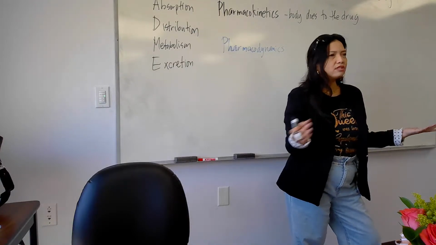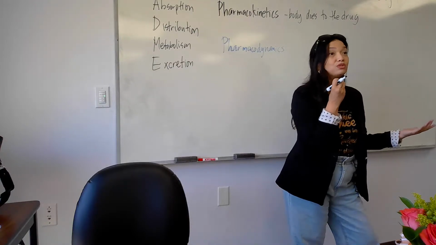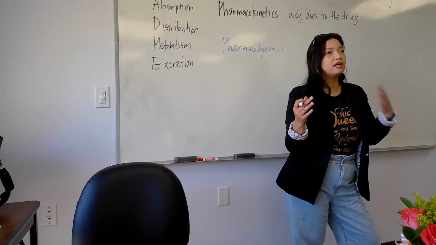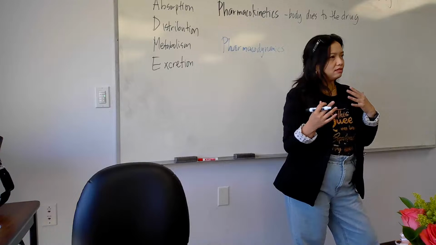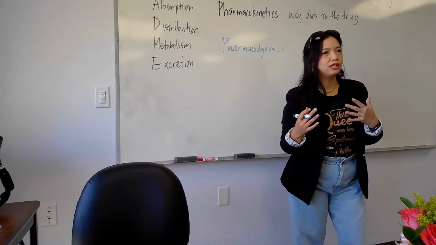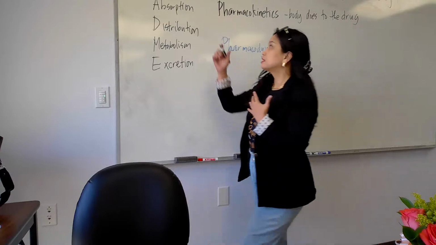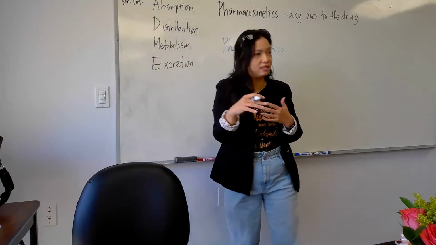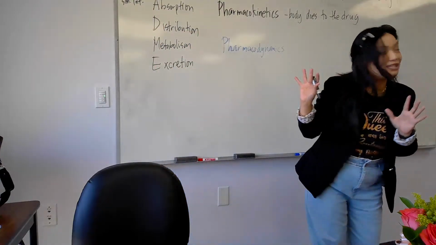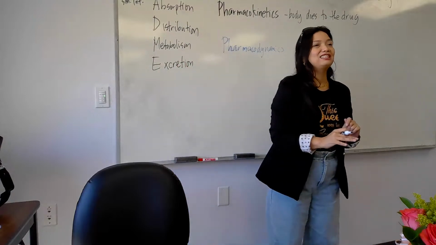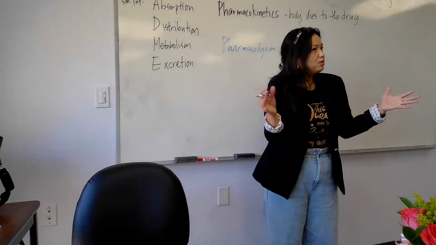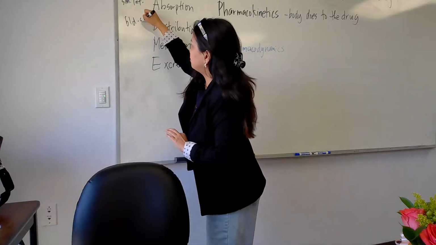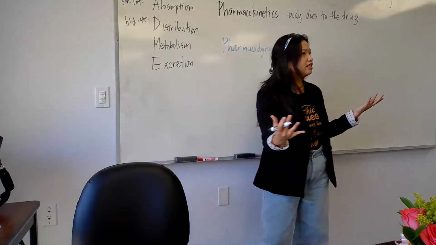If it's an oral drug, which is about 80% of our drugs, which part of your body does absorption happen? Small intestine. This is not the official abbreviation, I'm just putting it because I have little space. Where does distribution happen? Bloodstream, or what we call the systemic circulation.